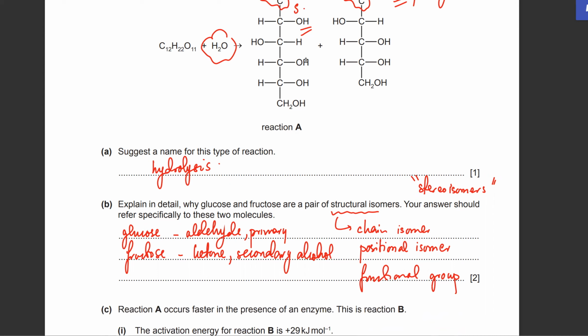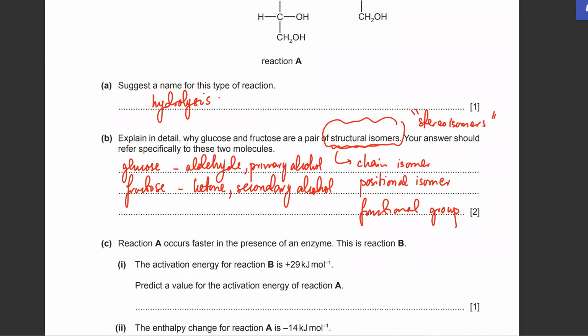But anyways, that would still leave the answer incomplete because you have to explain what a structural isomer is. What is a structural isomer? They have the same number of atoms, so they have the same molecular formula, but they have different structural formulas, or a different arrangement of atoms.